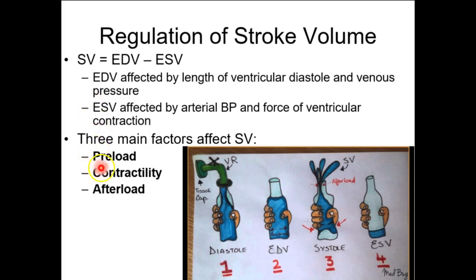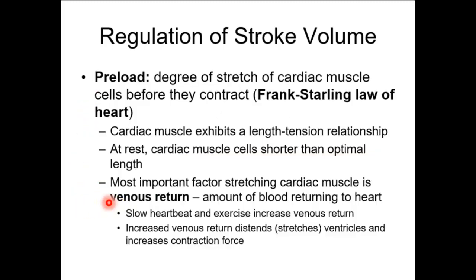We also have to talk about preload and afterload and contractility. So preload is how much your cardiac muscle cells, your cardiomyocytes, are stretched out when they're filled. Think of an elastic band, maybe like a balloon. You stretch it, you stretch it, you stretch it. If you stretch it as far as it can go, it's going to rebound more forcefully than if you only stretched it a little bit.